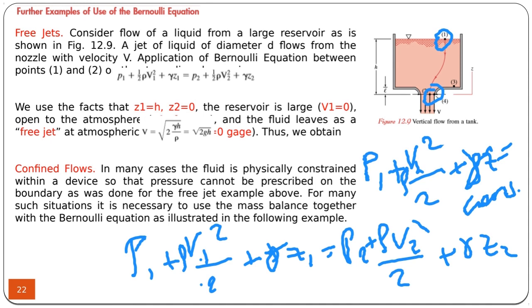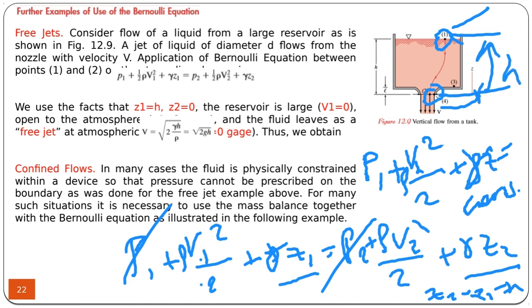In this container, if you write the equation between 1 and 2, what is the pressure at 1 and 2? The pressure here and the pressure there. They are open to atmosphere, so they cancel each other, right? Then what else do you have? The difference of distance between this and that can be written as Z1 minus Z2 to be h.